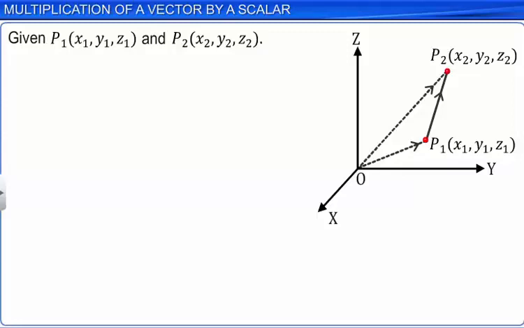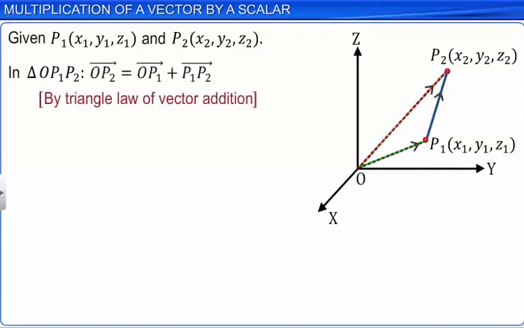Applying the triangle law of vector addition in triangle OP1P2, we have vector OP2 equal to vector OP1 plus vector P1P2. On rearranging the terms in the equation, we get vector P1P2 equal to vector OP2 minus vector OP1. Let this be equation 1.